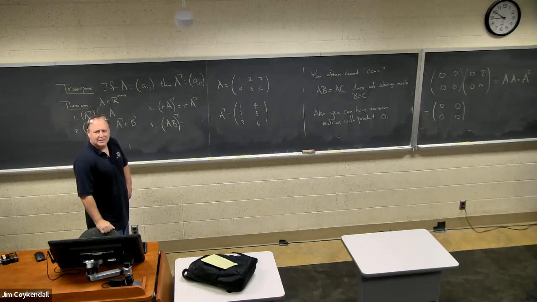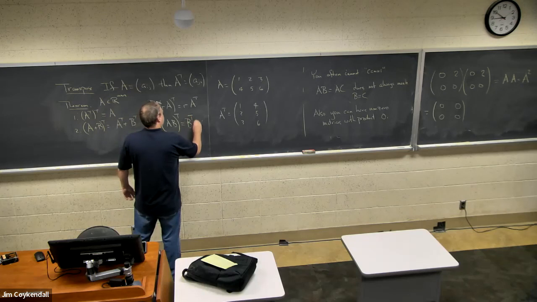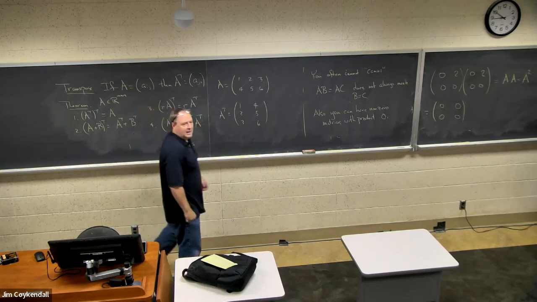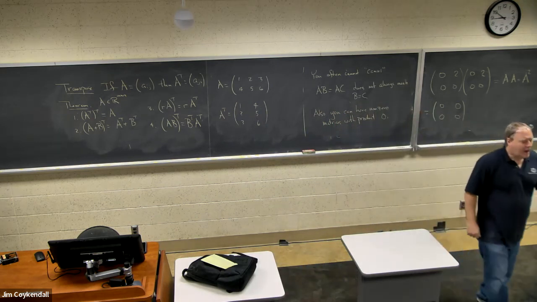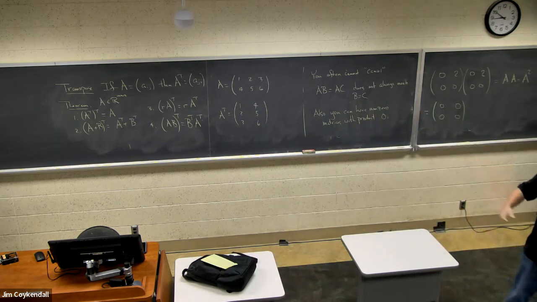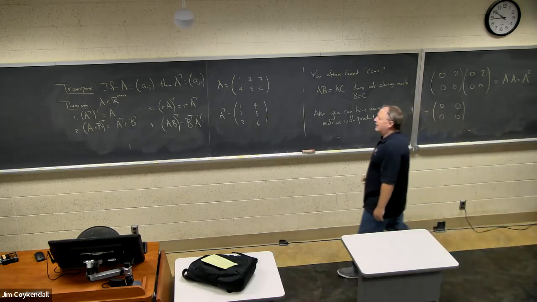The problem is, if you multiply this, you might not be able to multiply A transpose and B transpose. It's the product of the transposes in the reverse order. I encourage you to just make up some small matrices and check that out. You can see if you can prove it, but do the computation and check that out. See why it is.